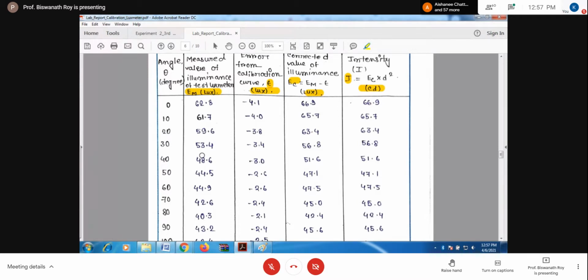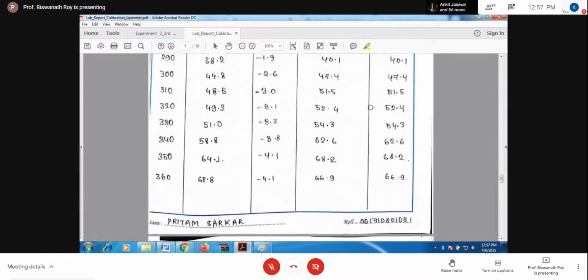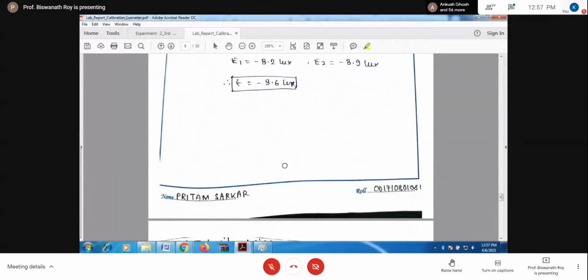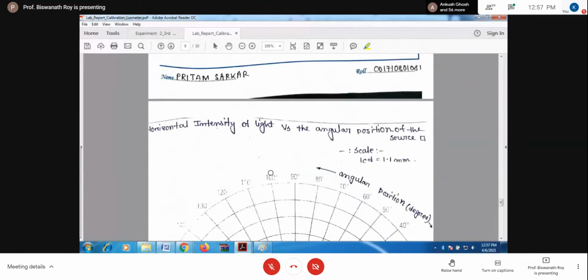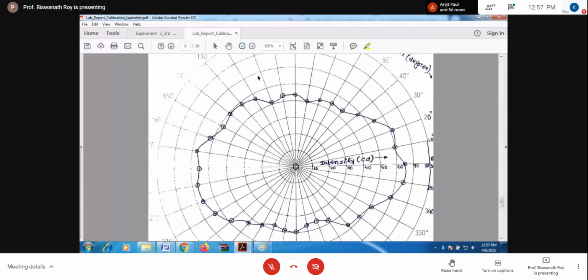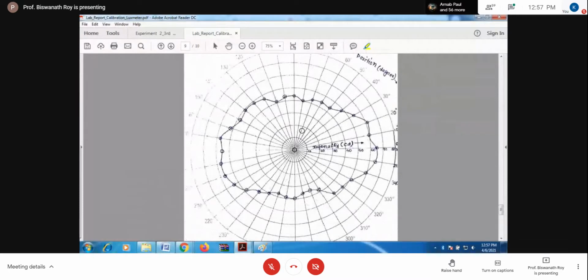Okay. So after getting the values of the intensity values, what is the task? Here one example is shown. I can share this with you. The task is to plot the intensity values in a polar diagram, right?